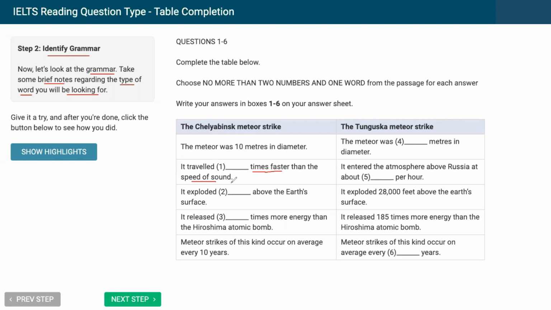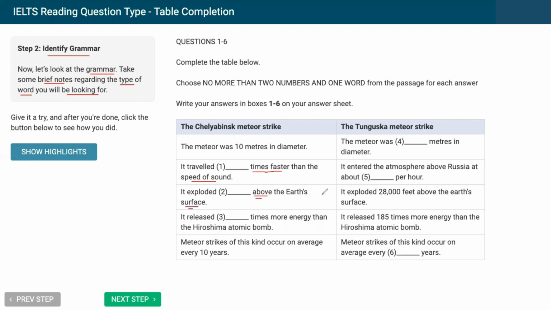So some number faster than the speed of sound. Okay, number 2. It exploded blank above the Earth's surface. So again, this could also be an amount, perhaps maybe feet or meters. So something that would designate distance because we see above the surface.